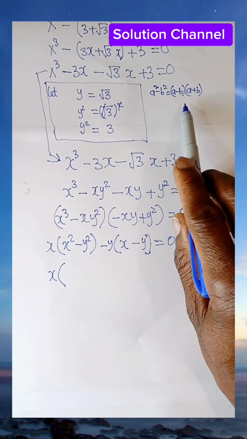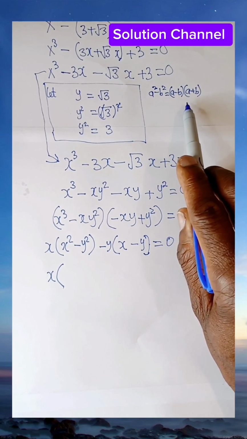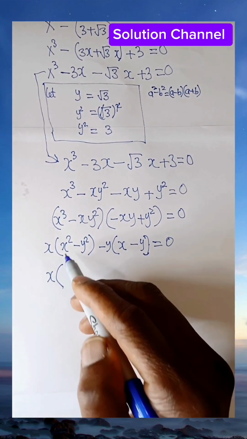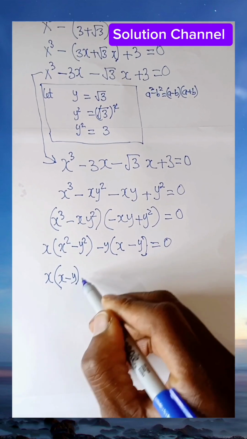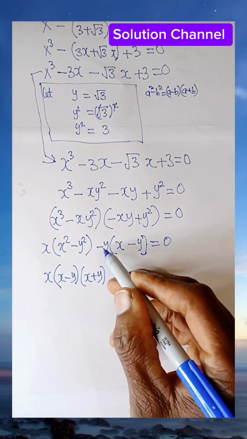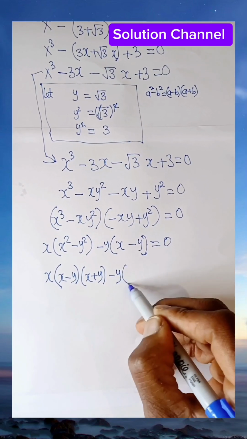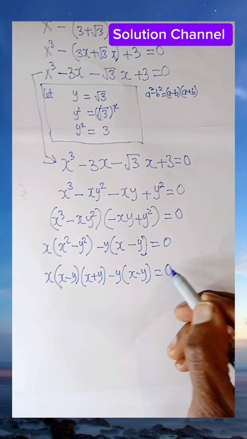According to the difference of two squares identity, a squared minus b squared is equal to a minus b times a plus b. So here we are going to have x minus y times x plus y. And here we have minus y times x minus y. And this is equal to 0.